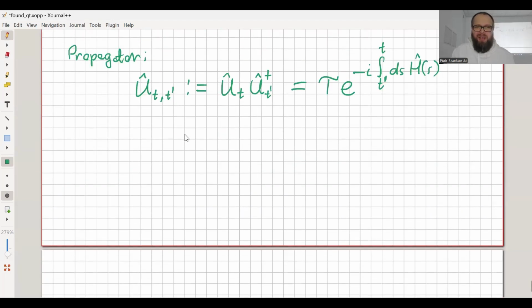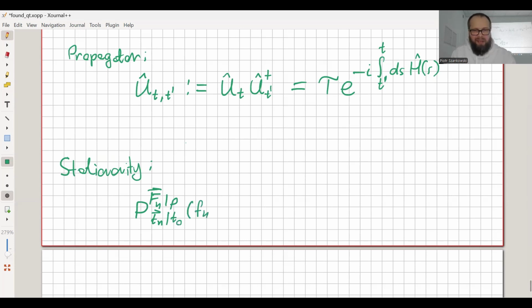So, in other words, what we want from our experiments, stationarity, means that you take a probability where you did your experiments, sequential measurements with some devices, some initialization, and some sequence of timings, the initial time, then some results.